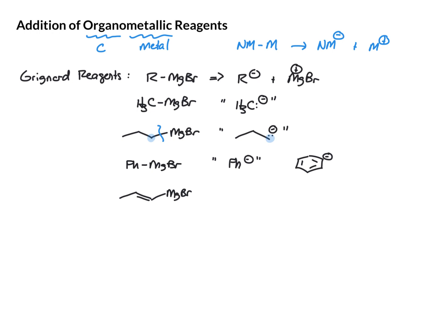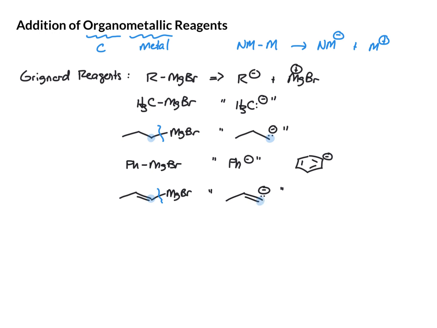Again, here's our carbon bonded to the metal. When you break that up, that becomes the nucleophilic carbon. If you want to draw the lone pair there, you can, and a negative charge on that carbon.